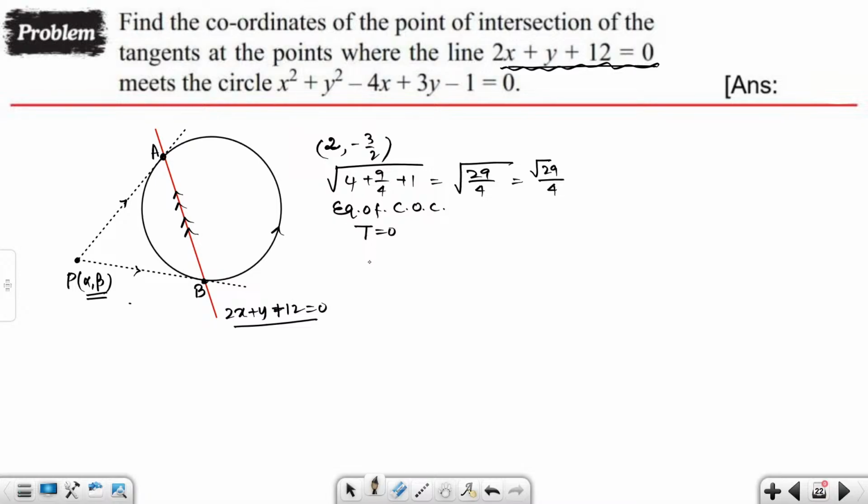T equals 0 means it is going to come like 2 times x plus alpha, y plus beta, minus 1 equals 0. That's it. This is the equation of the chord of contact AB. Right? Now let me write it in a proper way.